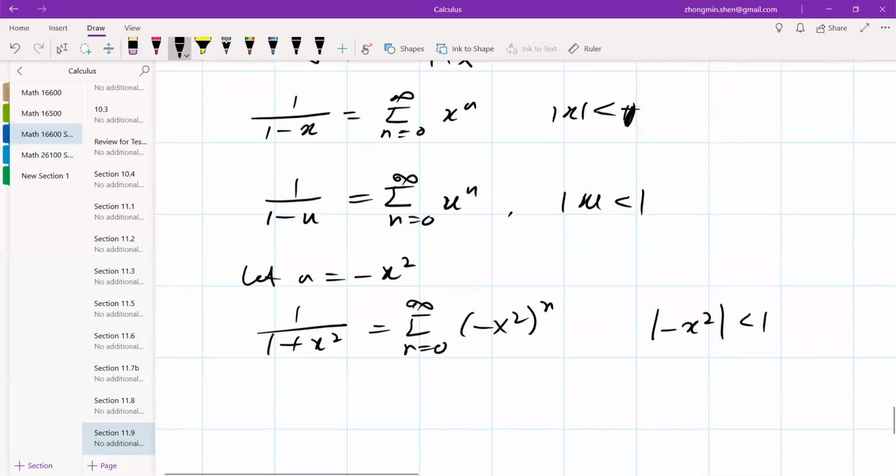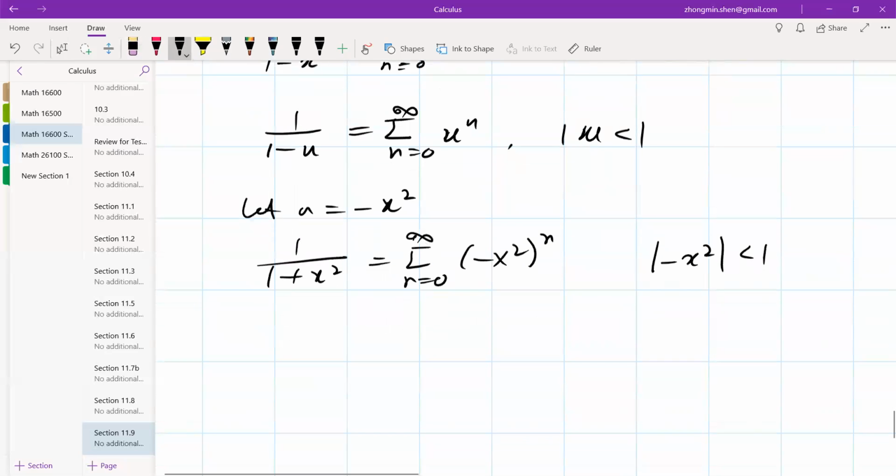All right, so you can rewrite this, you can get an alternating series. Right? And the absolute value of negative x squared less than 1 is the same as this one. Right?